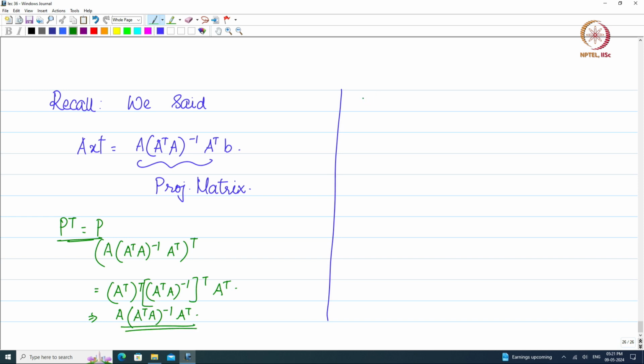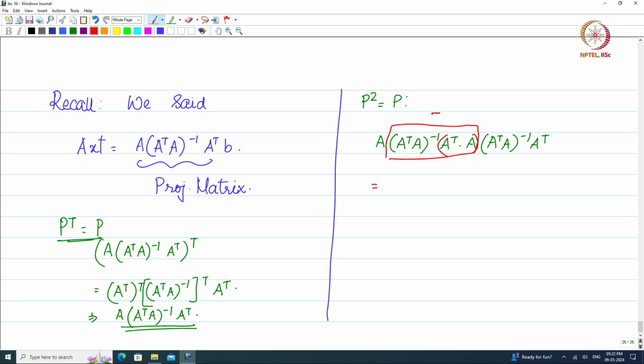Let us look at P square is equal to P, let us see if that holds good. A into A transpose A the whole inverse into A transpose into A into A transpose A the whole inverse into A transpose. Now if you look at this carefully, you will see that these two products are basically A transpose A the whole inverse into A transpose A. It is equivalent to saying I have the matrix B into the matrix B inverse into B, that is going to be the identity matrix.